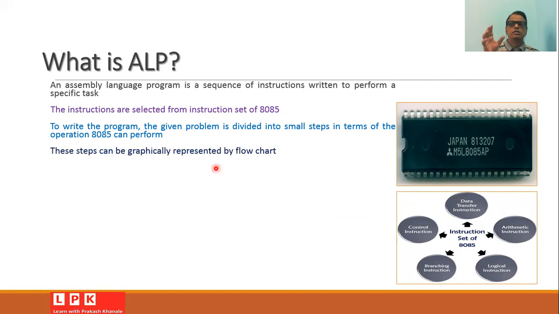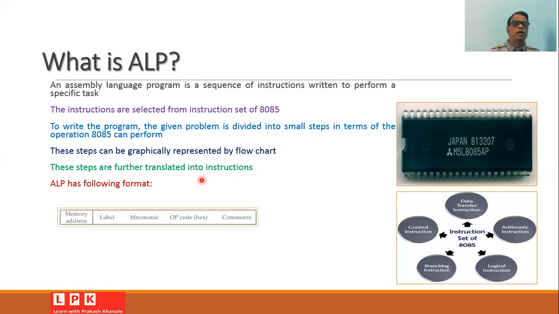Once you have the sequence of steps, it can be called an algorithm to solve the problem. It is possible to represent this algorithm graphically by a flowchart. A flowchart is nothing but a graphical representation of the algorithm. These steps can be further translated into instructions. So once you have prepared the algorithm, you go for a flowchart if required, and then you can convert each step into an instruction.